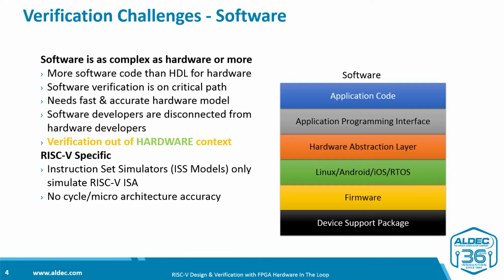Cycle accuracy can be found in the actual RTL code of the RISC-V core, but again, Verilog or VHDL simulators have orders of magnitude lower performance than expected by software developers. So the situation gets worse if the RISC-V core contains custom instructions, and the software toolchain has to account for that.